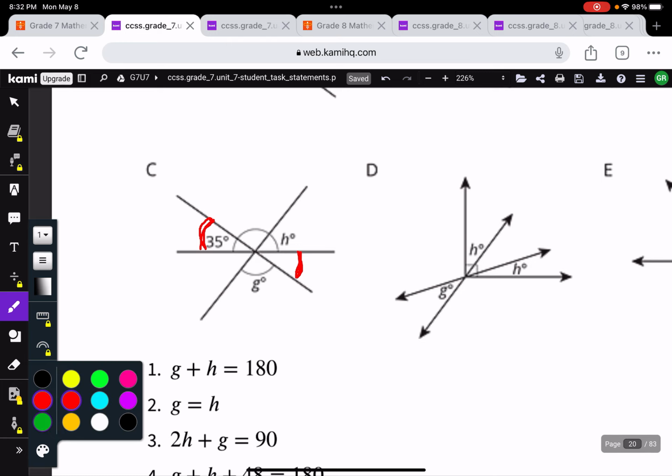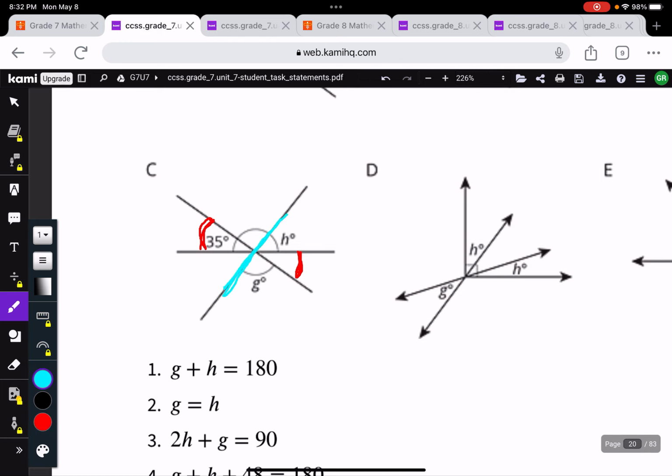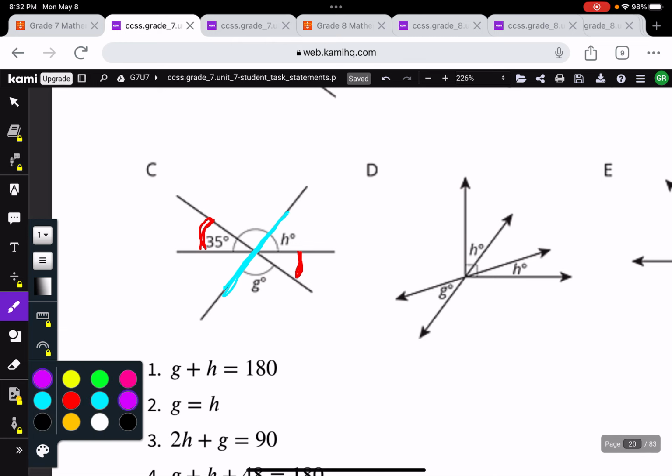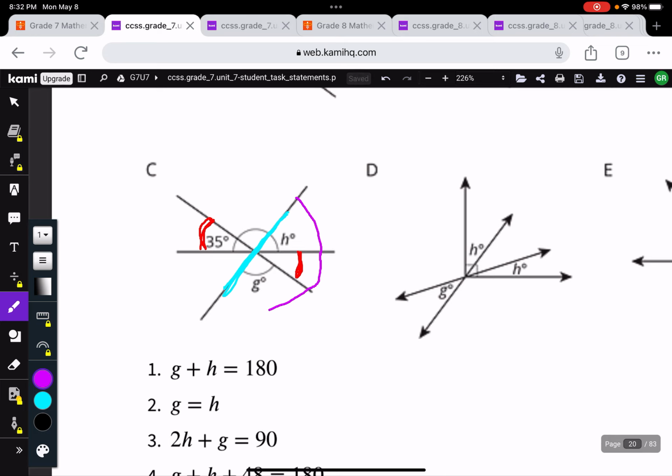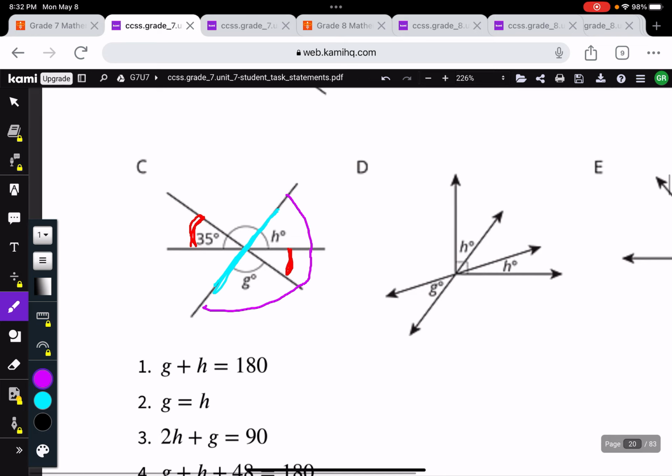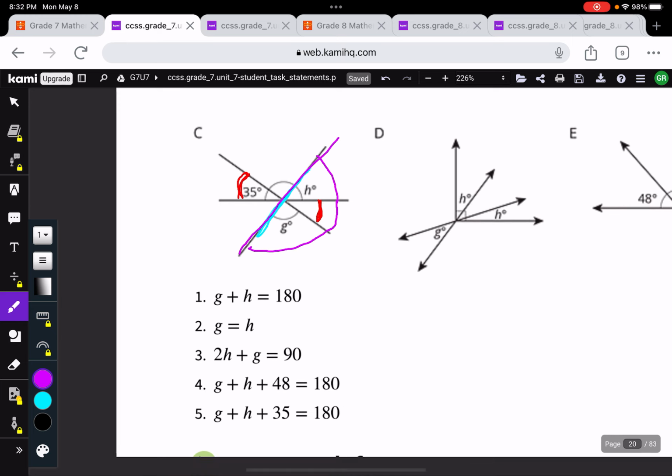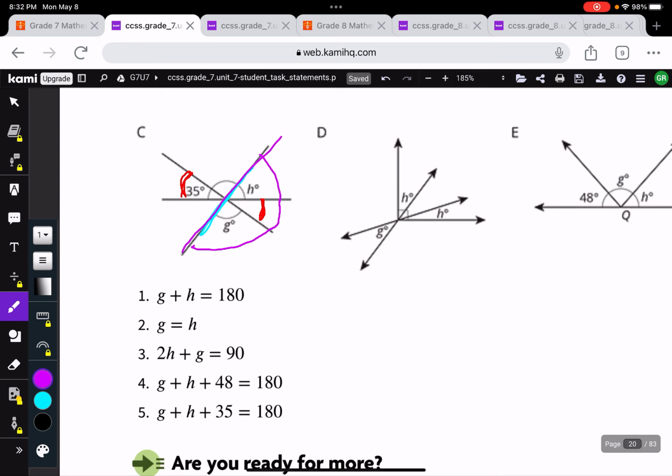And I do notice that then I'd have a straight line, which means H plus 35 plus G makes a straight line. That means G plus 35 plus H equals 180. Straight line is 180, and G plus H plus 35, that goes with number 5.